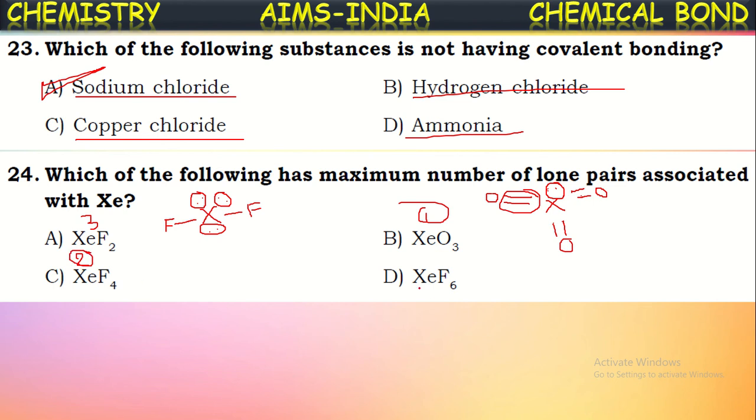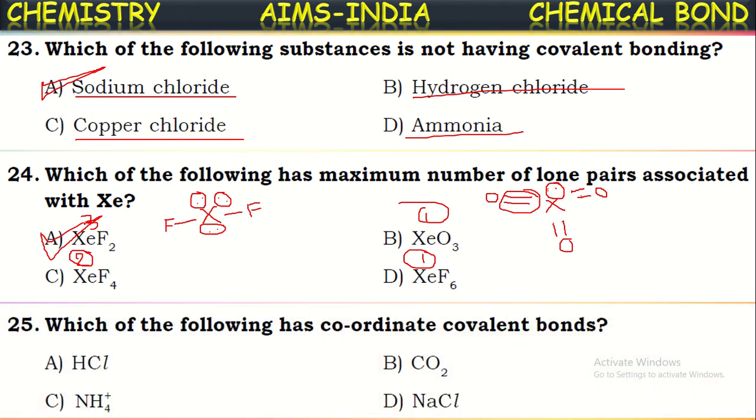In xenon hexafluoride, 6 electrons will participate in the bond formation. The remaining 2 electrons, 1 lone pair, will be on the xenon. Now, xenon difluoride has the maximum of 3 lone pairs of electrons on the xenon.